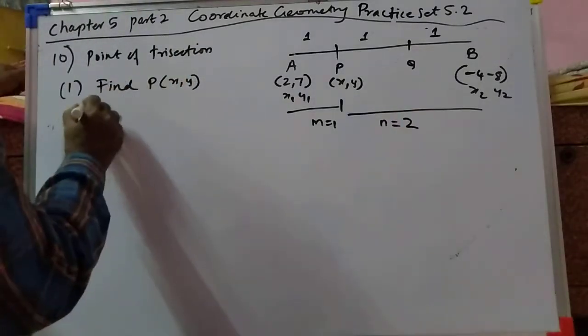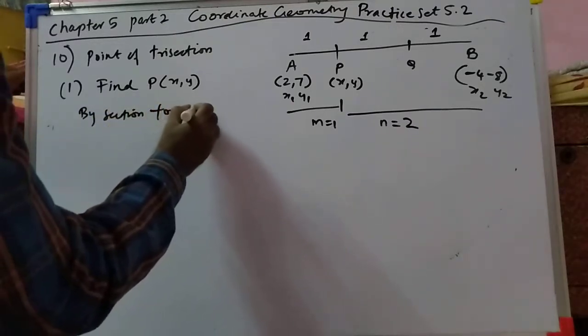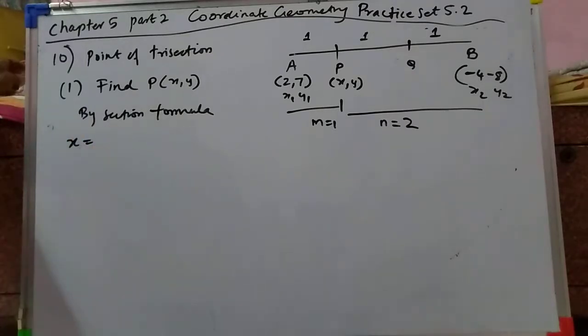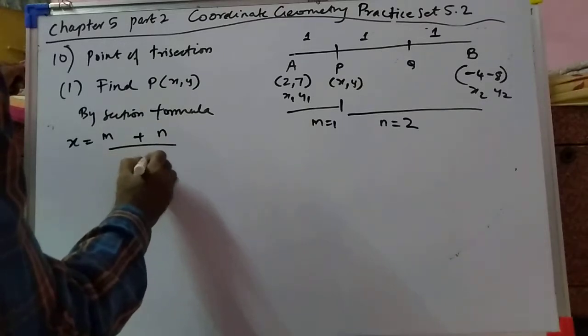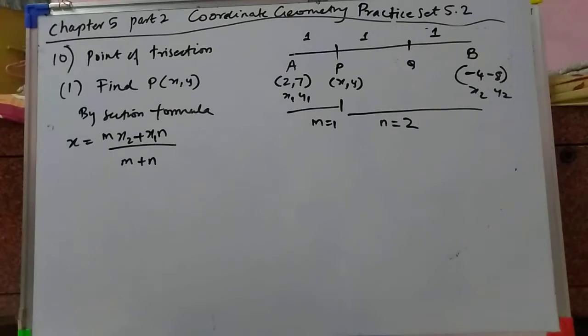Now we have the section formula. X is equal to M X2 plus N X1 upon M plus N. Okay, let us put that value.